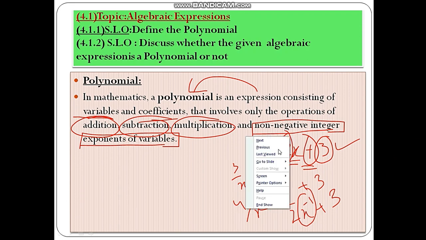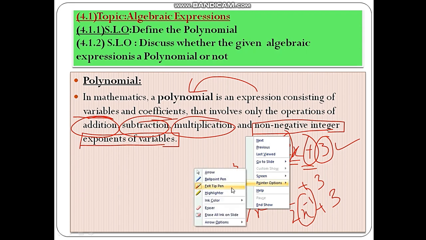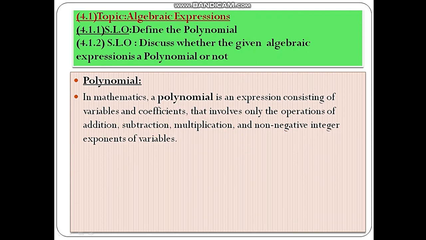Let's see the examples of the polynomial given here. An example of a polynomial is x square minus 4x plus 7. Here the first term, second term and the third term are combined together by the subtraction and addition sign.